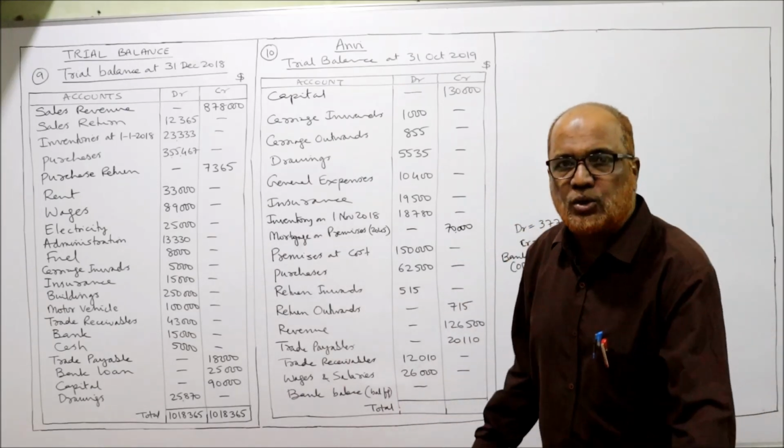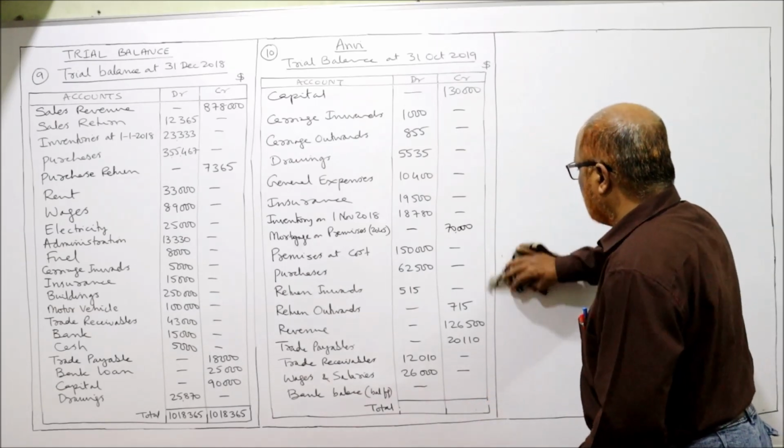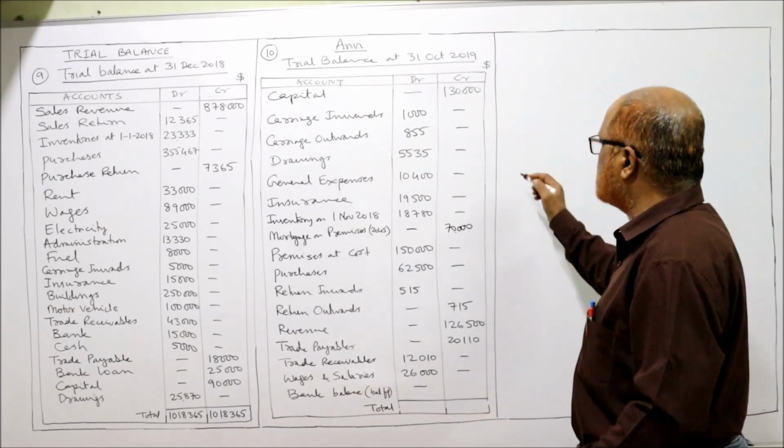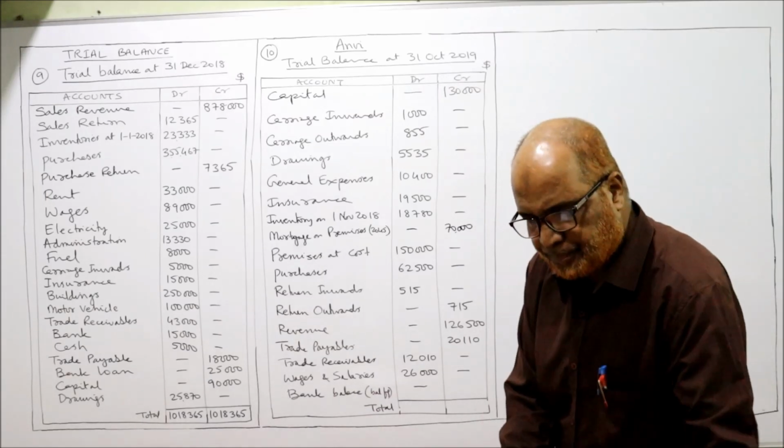Now we'll find out what is the total on the debit side and what is the total on the credit side. So separately we will write down debit total and credit total. Debit total, credit total. Now we'll check.